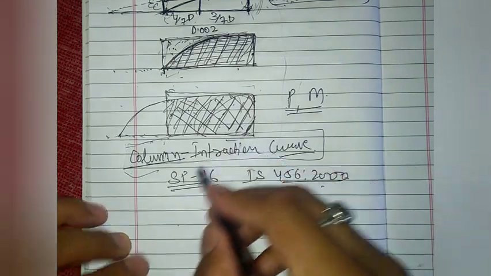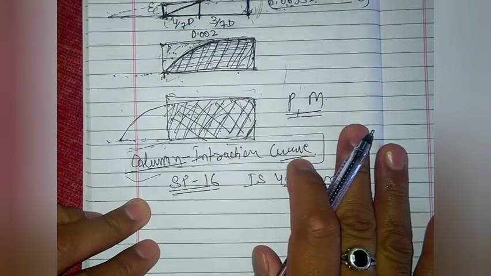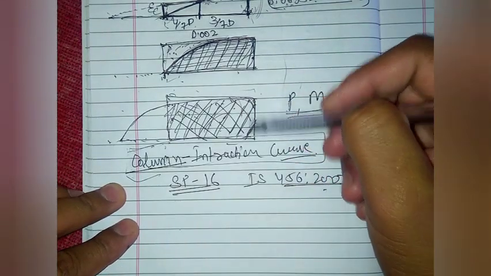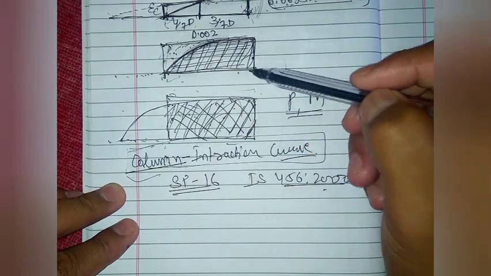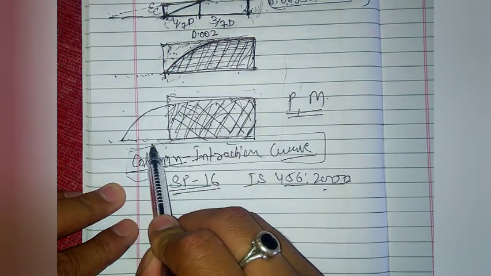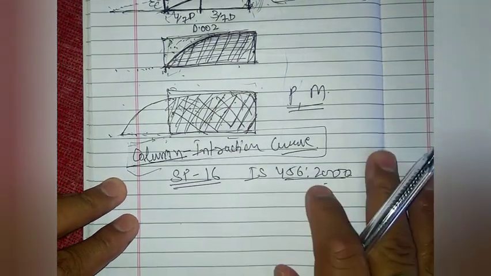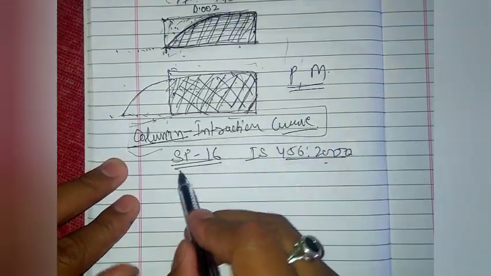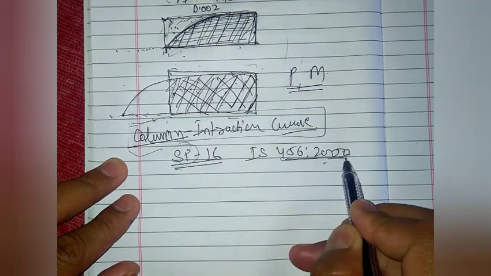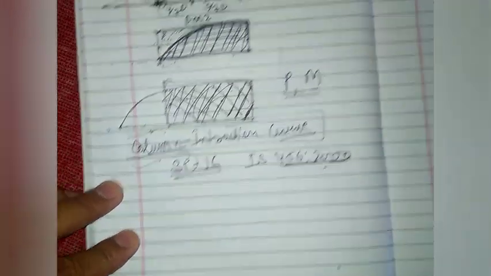Instead of calculating the strains in the outermost compression fiber for different values of the neutral axis, we prepare a curve. SP16 is the special provision for IS 456 2000 for the design of columns. So we have a column interaction diagram.